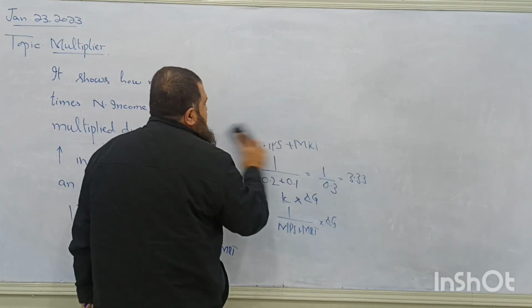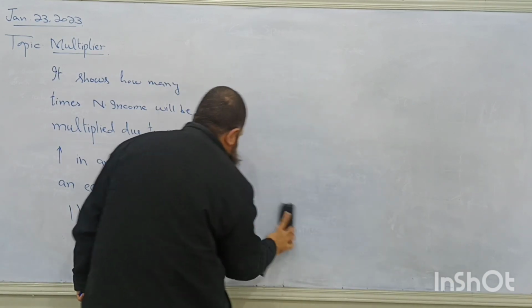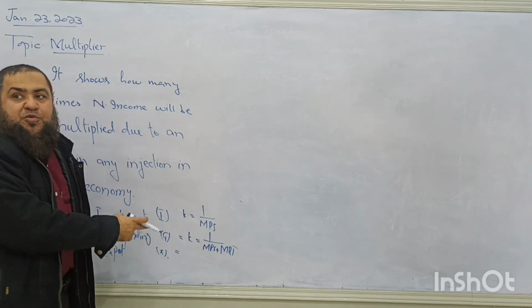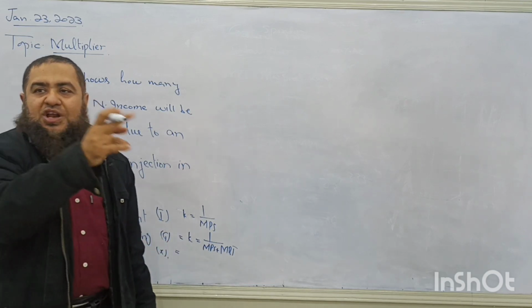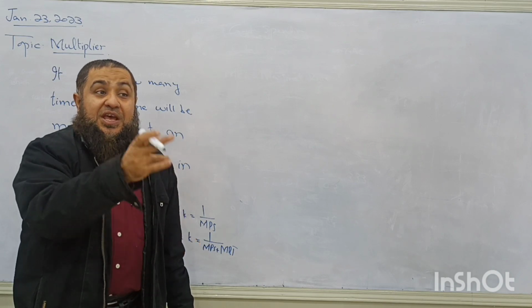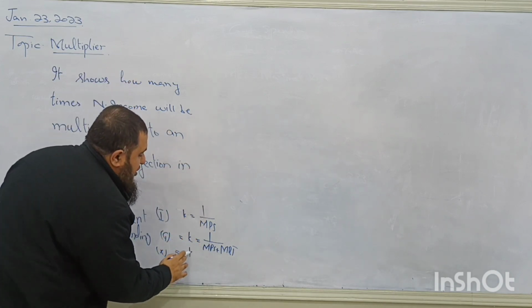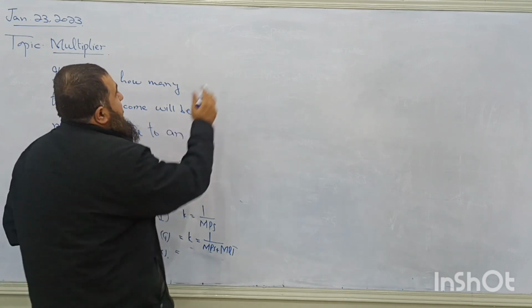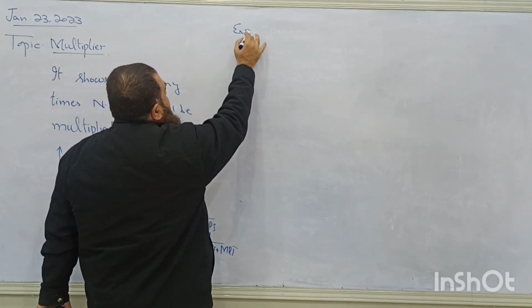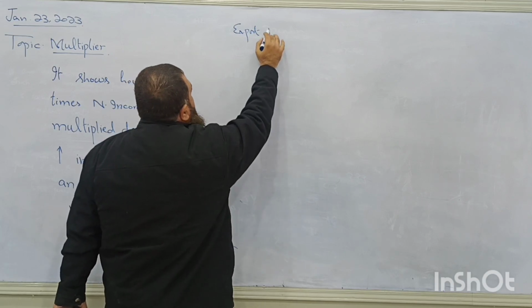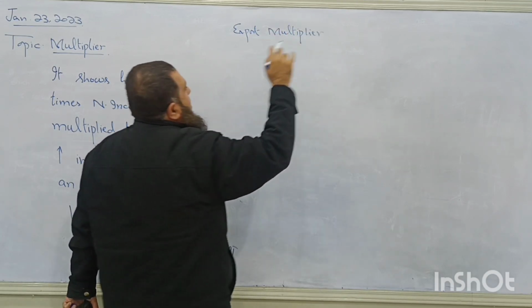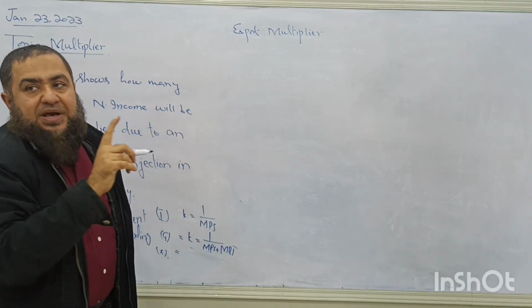Now what is the four sector multiplier? Now you should understand, in the four sector multiplier we have the injection of exports. What is the withdrawal of exports? Imports. So can I write over here? I should write on the outside, export multiplier, or you can say four sector economy multiplier.